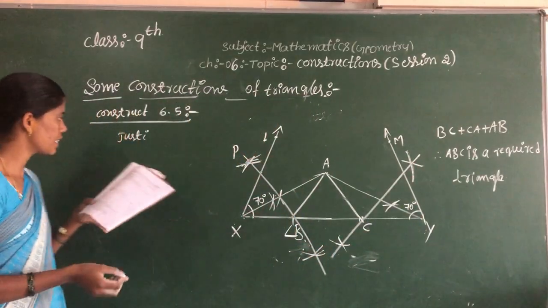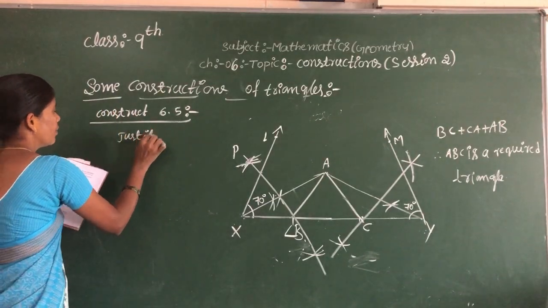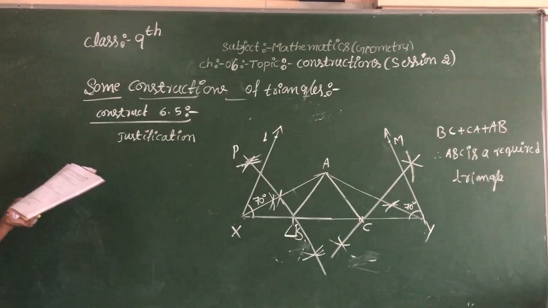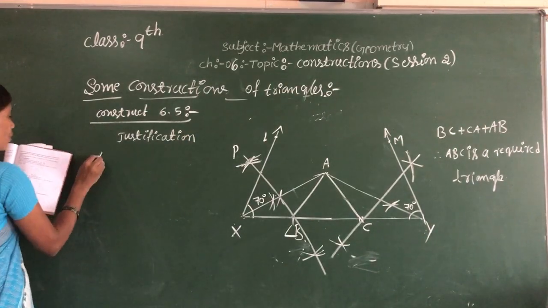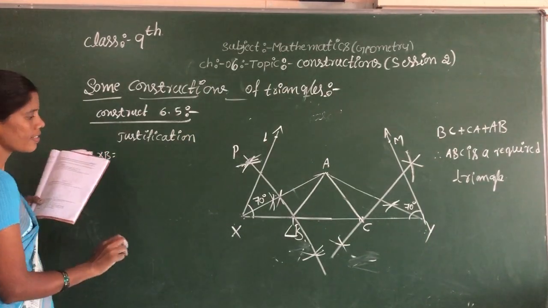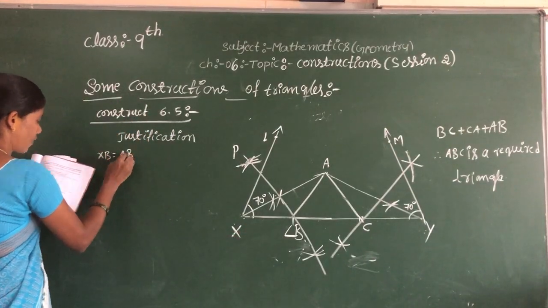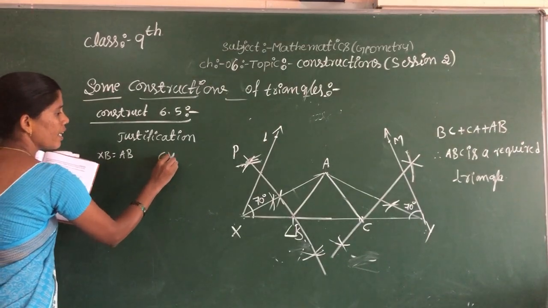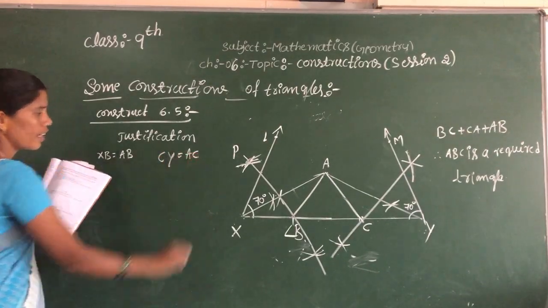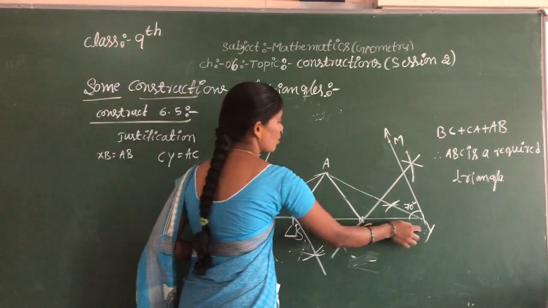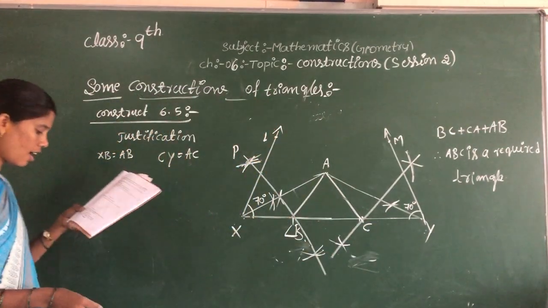Okay. So in justification, children: XB is equal to AB and CY is equal to AC. XB is equal to AB, CY is equal to AC, sides of the triangle.